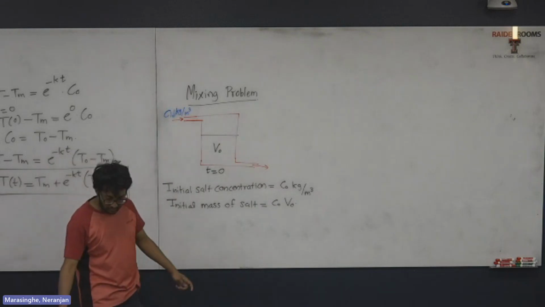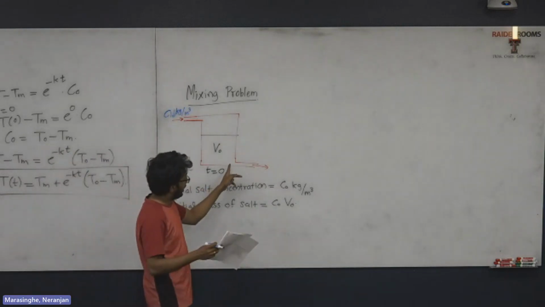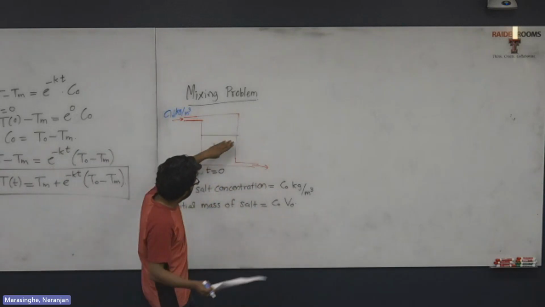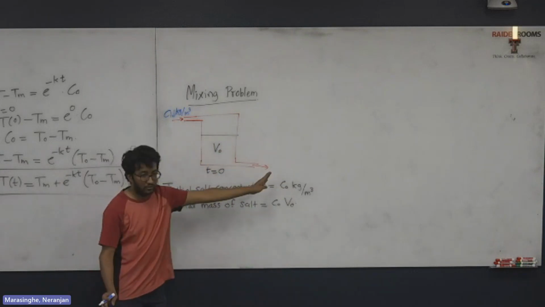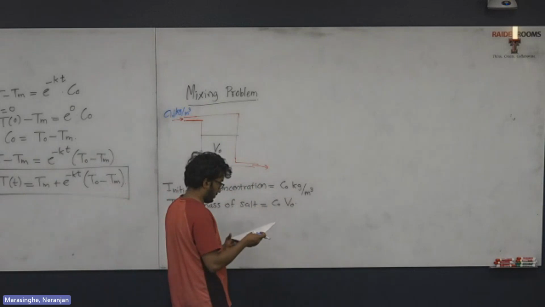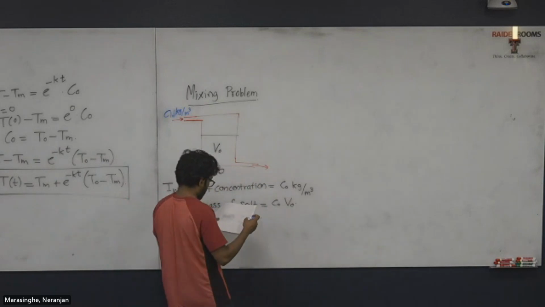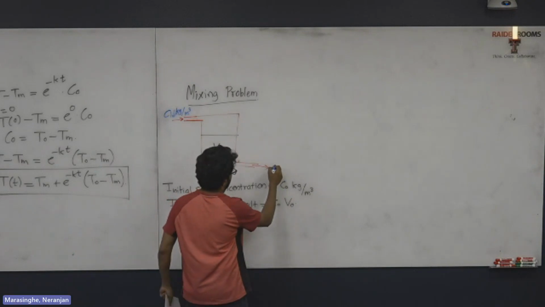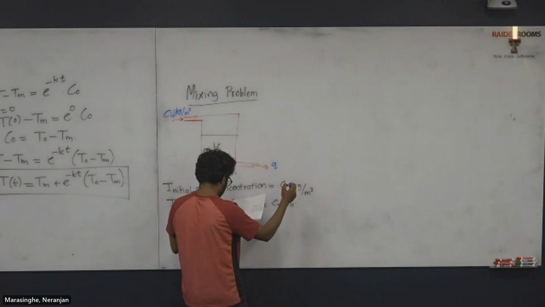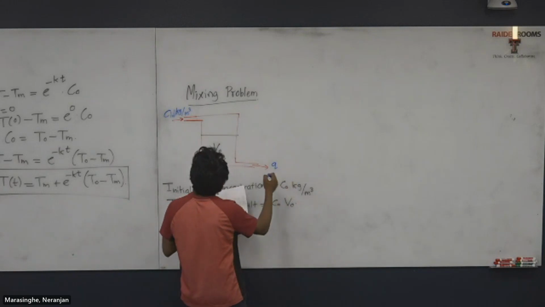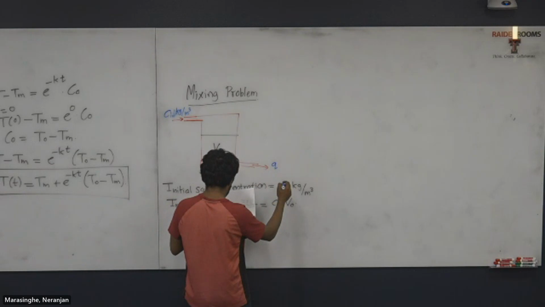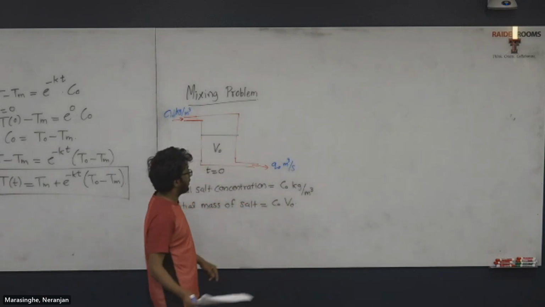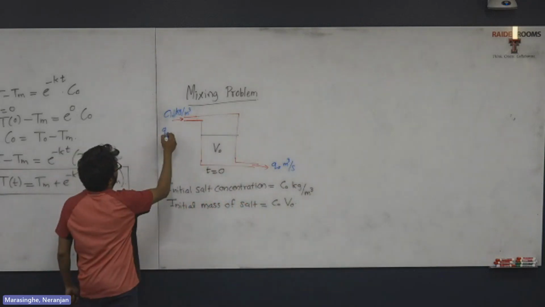Meanwhile, we are using this outlet to take the solution out of this tank. The output is flowing out at rate Q naught, and the input rate is QI.